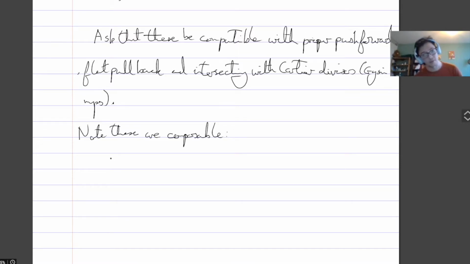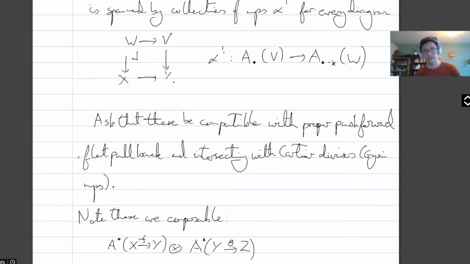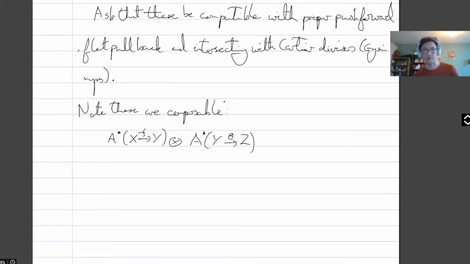If I give you a map X to Y, F, and I give you a map Y to Z, G, I can take a class in here and a class in here, and I can just compose them as diagrams, as collections of functions.